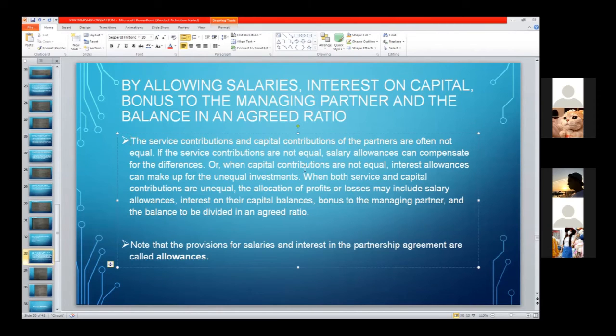Or when capital contributions are not equal, interest allowances can make up for the unequal investments. When both service and capital contributions are unequal, the allocation of profits or losses may include salary allowances, interest on their capital balances, bonus to the managing partner, and the balance to be divided in the agreed ratio. So note that provisions for salaries and interest in the partnership agreement are called allowances.